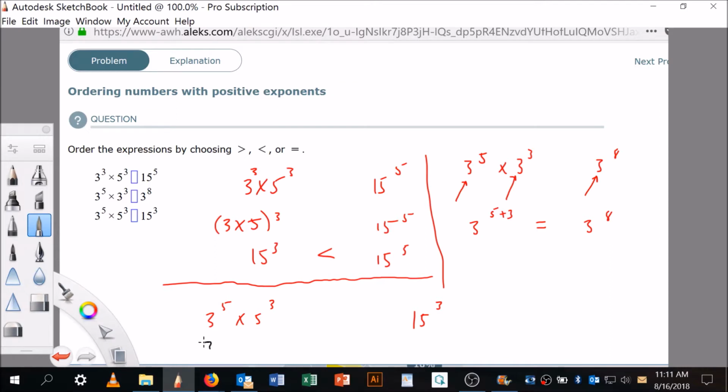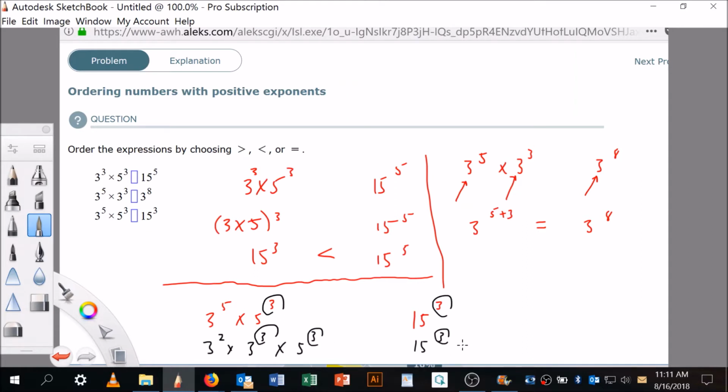I'm going to change this to 3 to the 2 times 3 to the 3 times 5 to the 3. Because look at that, I sort of had a hint. I've got a 3 raised to the cube, so I'm going to make a bunch of cubes there. 15 to the 3, you see that?